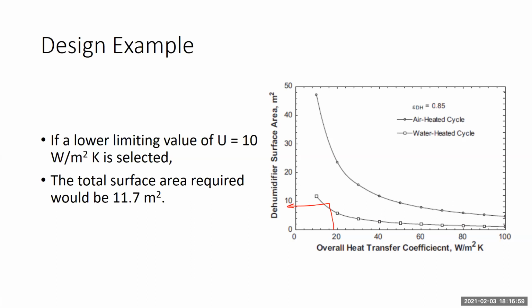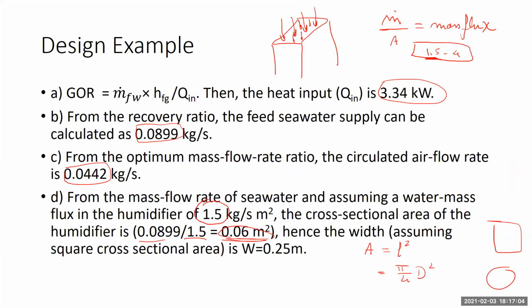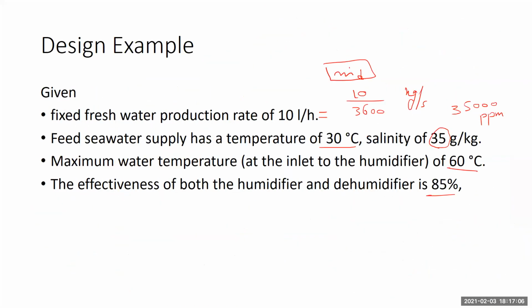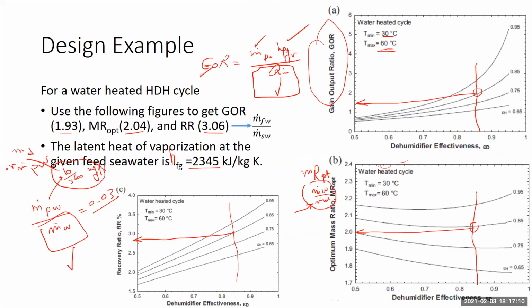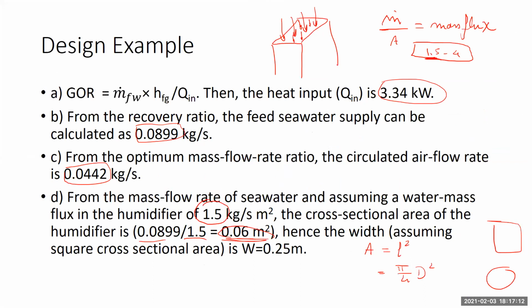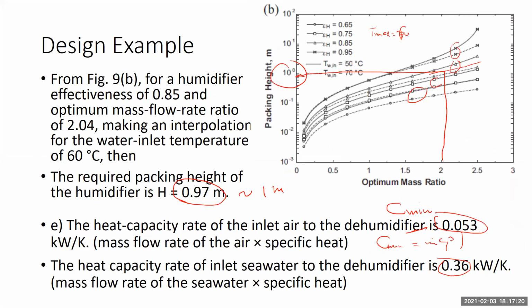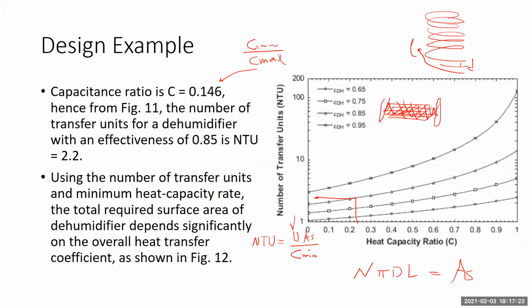For the water heated cycle, the height of the humidifier was big. The packing material height was almost 1 meter, whereas the area needed for the dehumidifier is not substantially high. It was something like, what's the value?